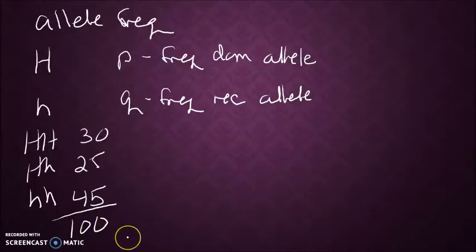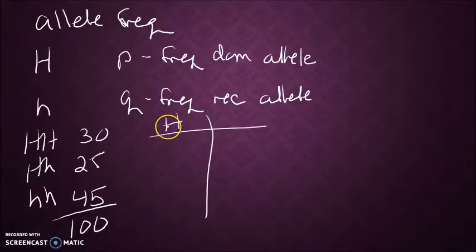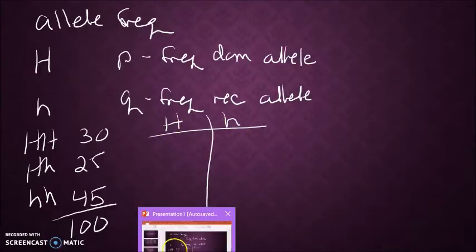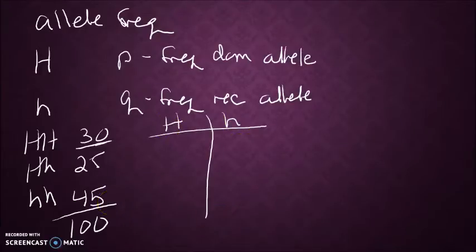To find our frequencies, first we need the total number of each allele. So we're going to have a little bracket of big H's and little h's. Now these 30 people each have 2 big H's, so we take that 30, multiply by 2 to give us 60 big H's for them, and no little h's.